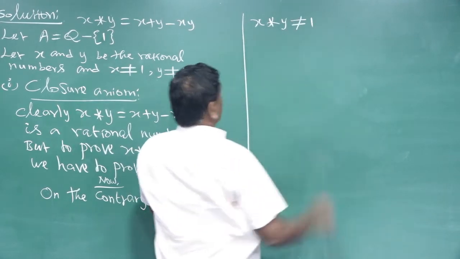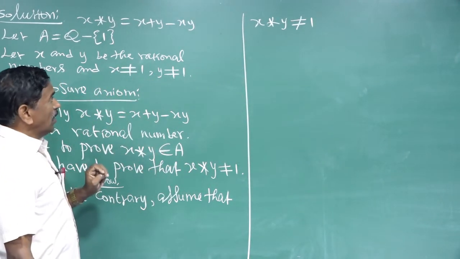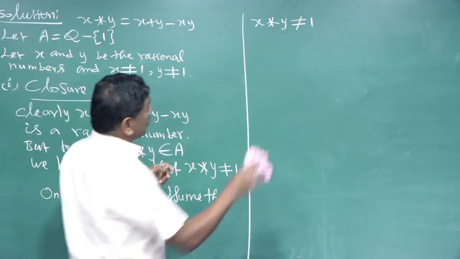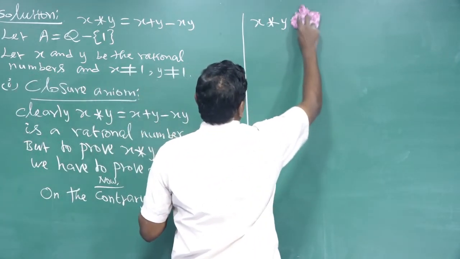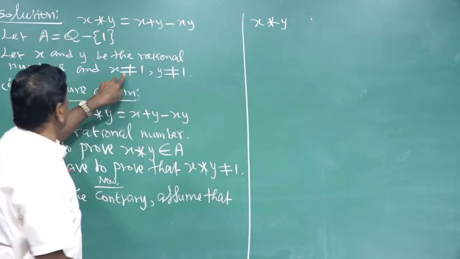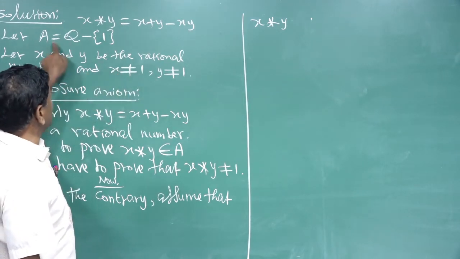On the contrary, x star y equals 1, because only an element which is not equal to 1 belongs to A.